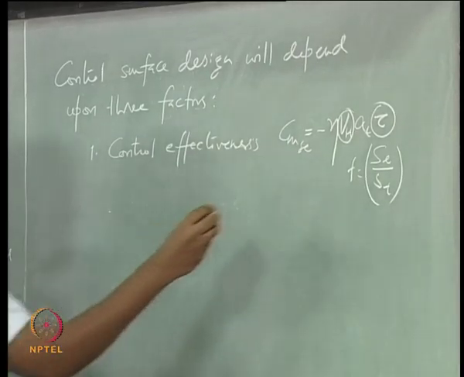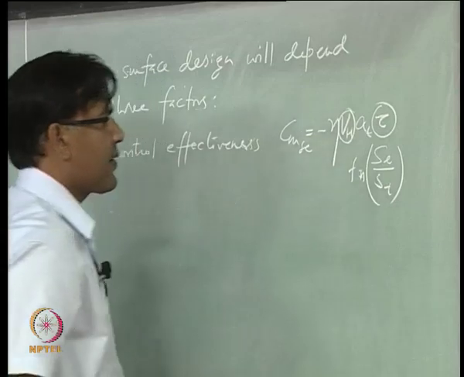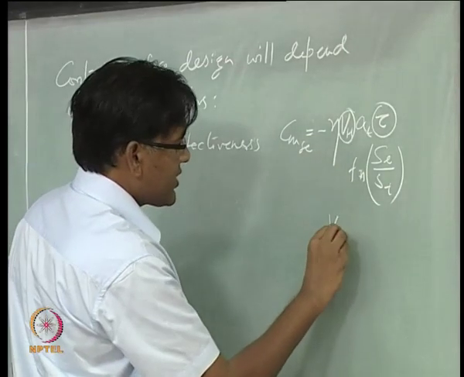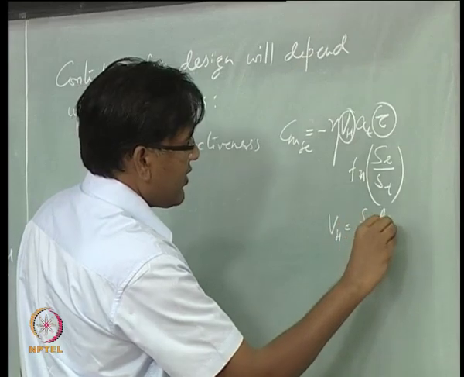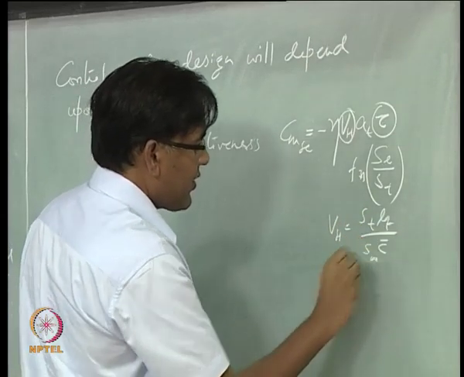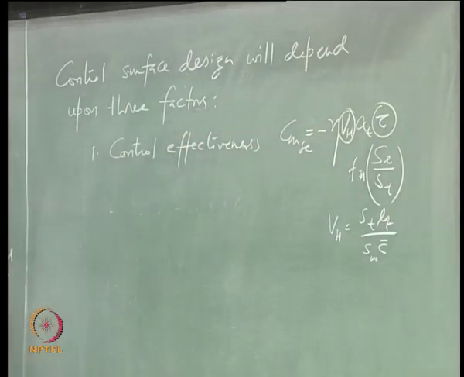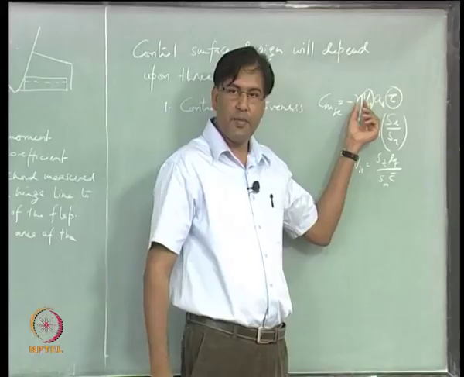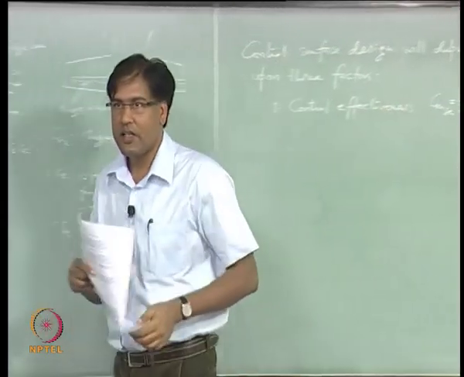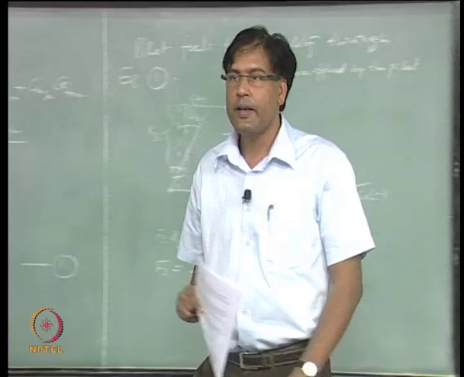Okay. V_h is what? V_h is, right. So, you have some parameters which you can adjust, but you remember when we were talking about stability, there also we said that we can use these parameters to change the stability characteristic, right.